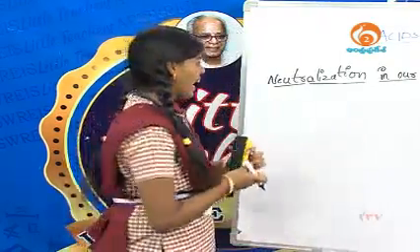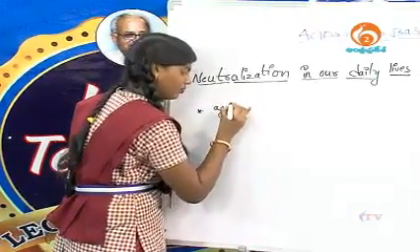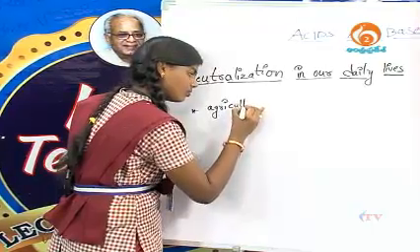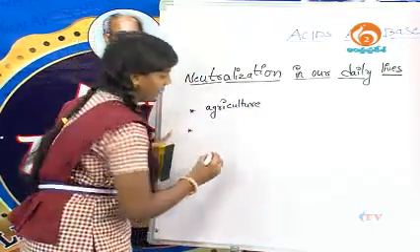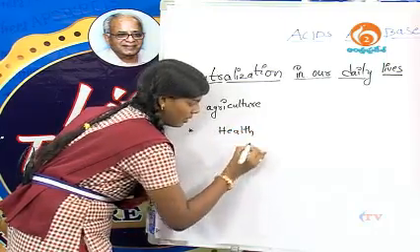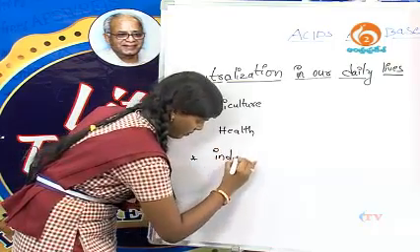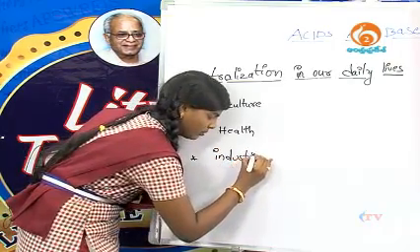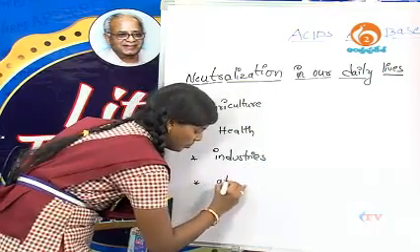First one is agriculture. Second one is health. Third one is industries. Fourth one is at home.